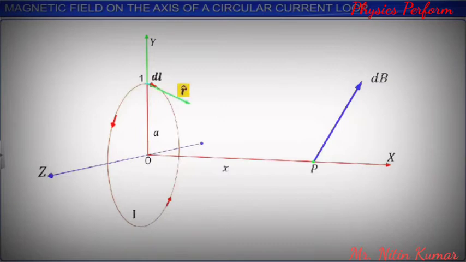Let r cap be the vector joining the point P on the axis of the circular loop and the small element dl, and r be the distance between the small element dl and the point P.